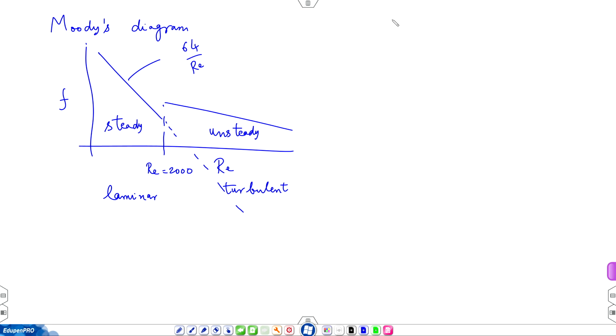Now, let us move on to the r theta coordinate system, also called a polar coordinate system.